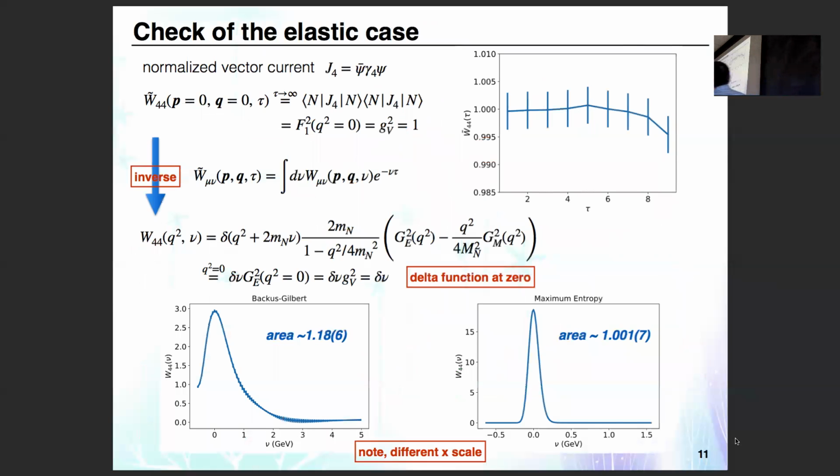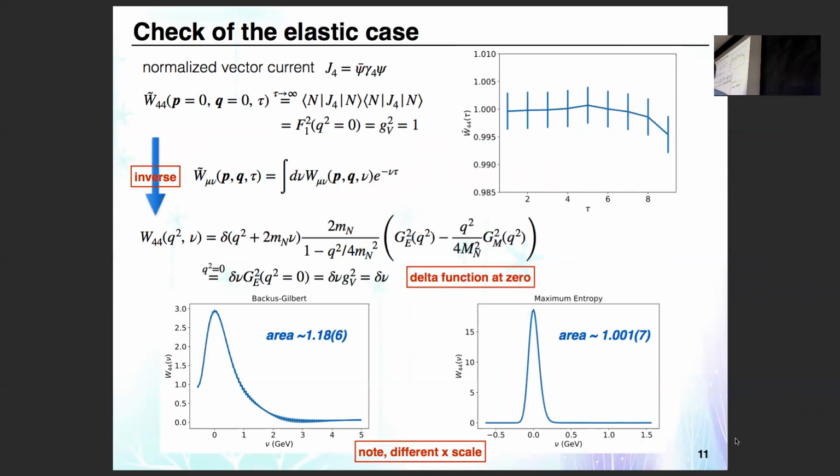Okay, be quick. After we know all about that, I can do a very simple test of our method. For example, we can calculate some elastic contribution, using just the vector current, gamma 4 vector current, without momentum transfer. If tau is large enough, this will be just the product of two matrix elements.